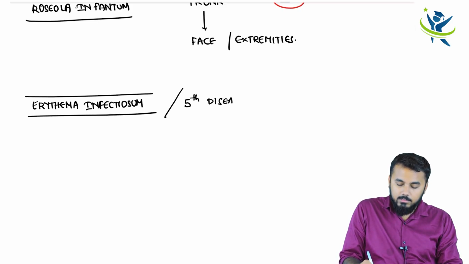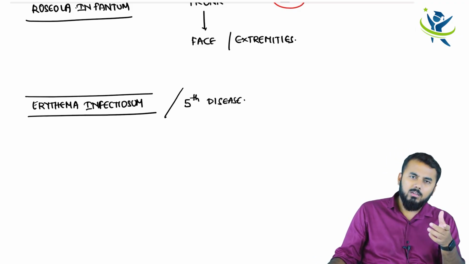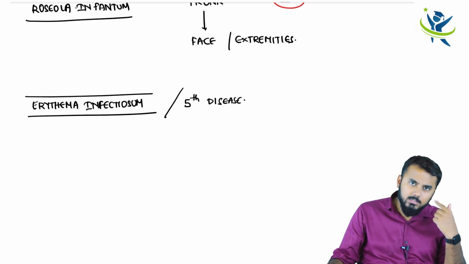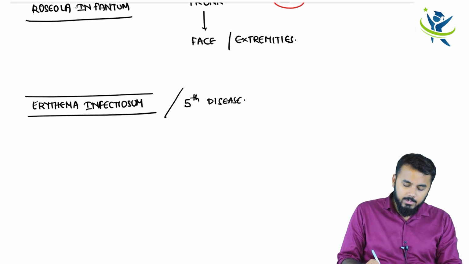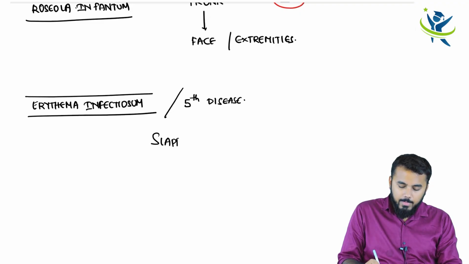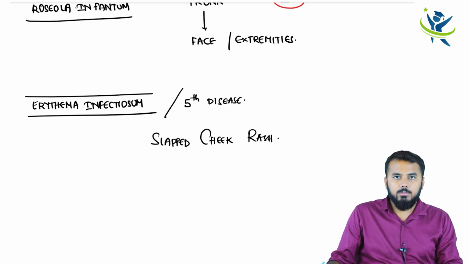Fifth day disease. And here the rash will not spread anywhere, rather it is only in the face region. That is also called a slapped cheek appearance, slapped cheek rash, right?